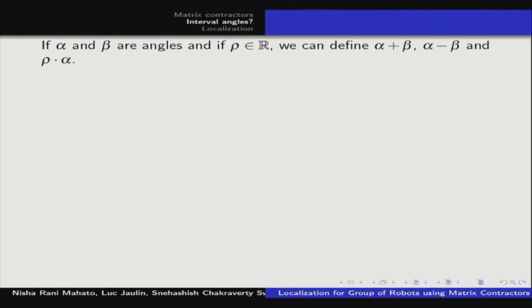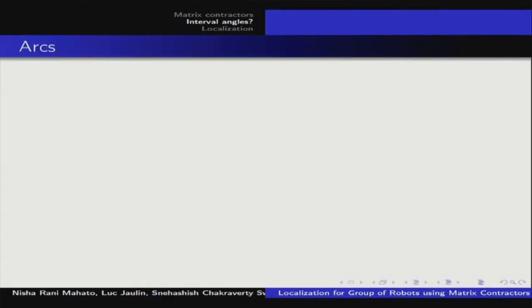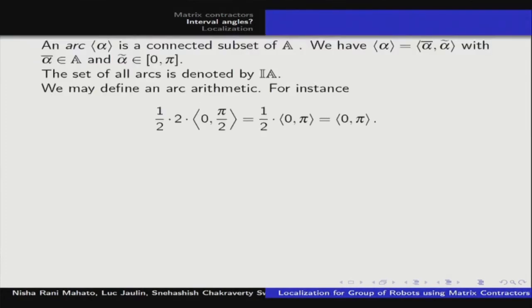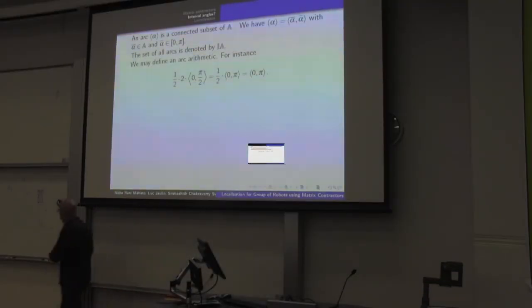And then, to be efficient, we work on the trigonometric space. In this case, we can define arcs which may correspond to some kind of interval inside the circle, and an arc may be represented by its center and by a radius. And the radius is inside 0 to pi. So I define a set of arcs, but if I intersect two arcs, the problem is no longer valid.